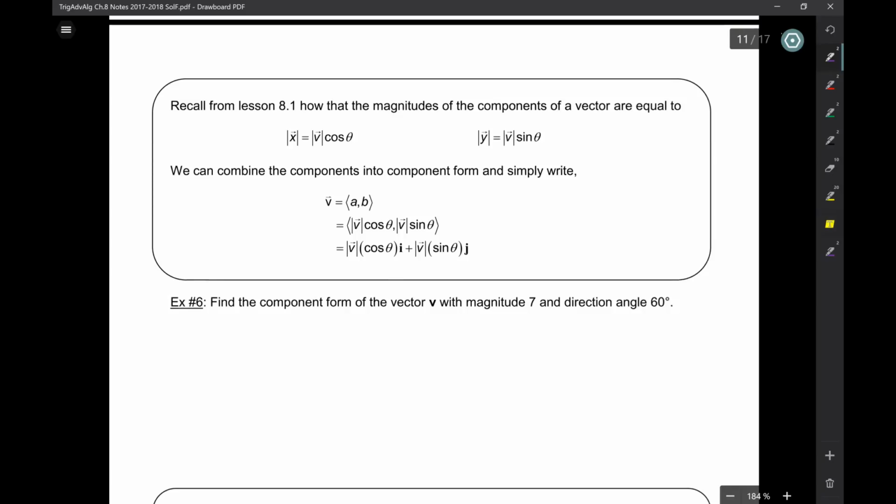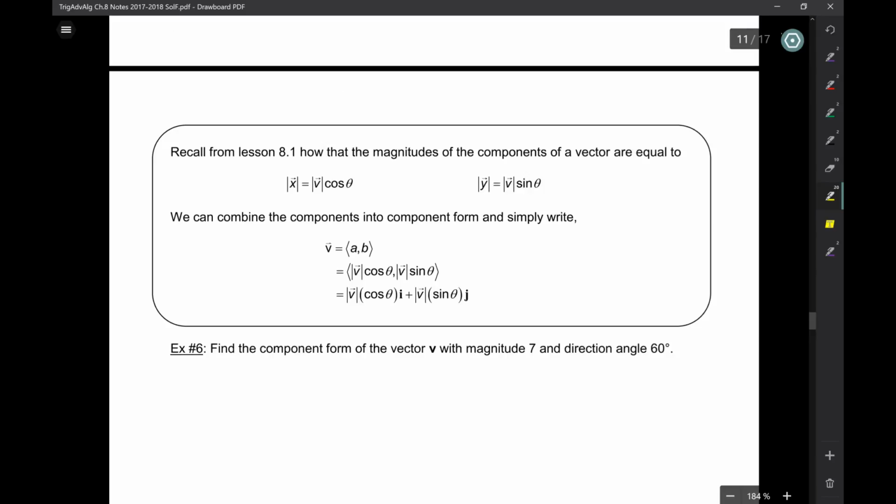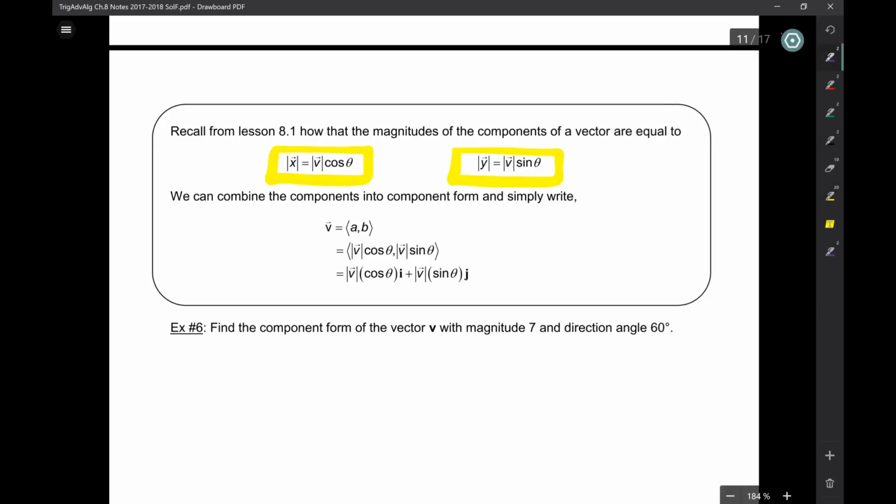So I have them again here. In lesson 1, we learned that x is v cosine theta, y is v sine theta, right? Now, remember how we were writing our vectors in component form? It looked like this, a, b. An example would have been 4 comma negative 2.